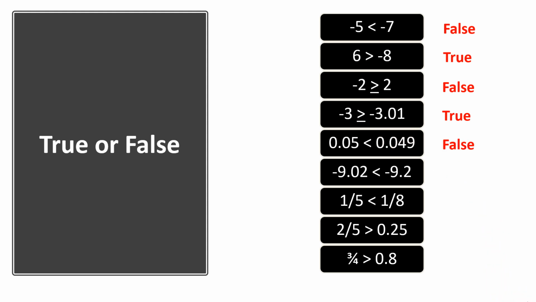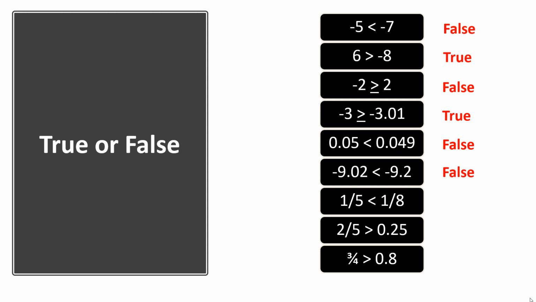Negative 9.02 is less than negative 9.2. Again, this has more decimal places, so we need to add a 0 to this one. Negative 9.20 is more to the left than negative 9.02. This number is closer to negative 9. This number is more to the right. Therefore, this is a false statement.